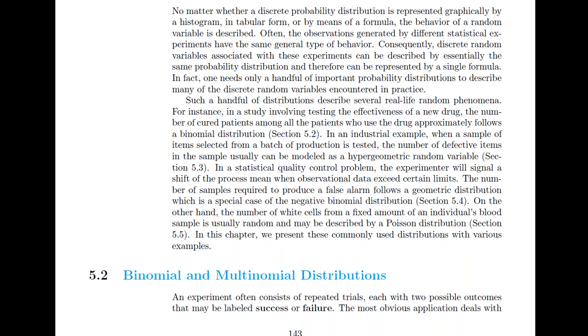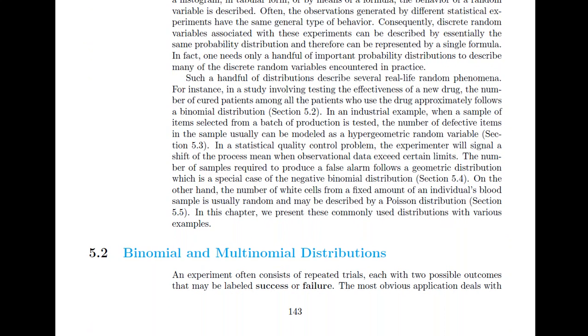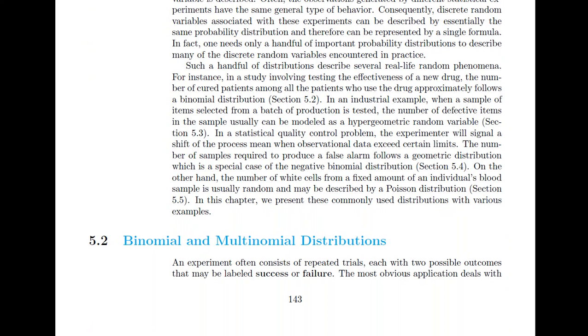In fact, one needs only a handful of important probability distributions to describe many of the discrete random variables encountered in practice. Such a handful of distributions describe several real-life random phenomena.